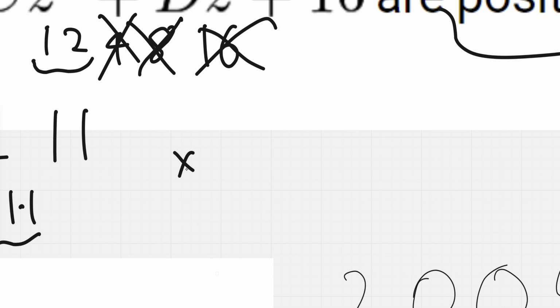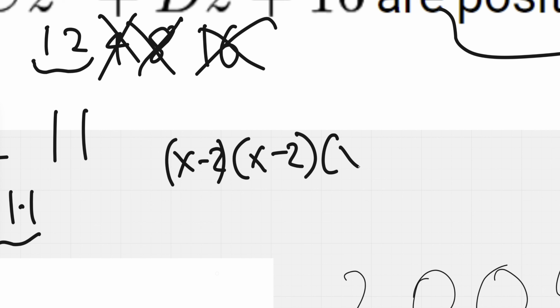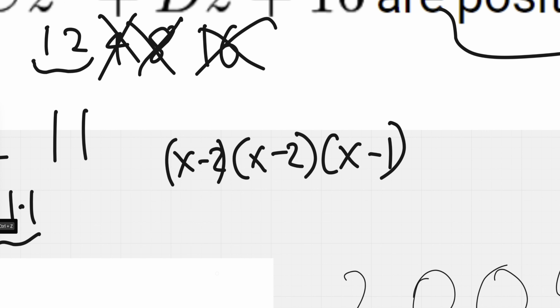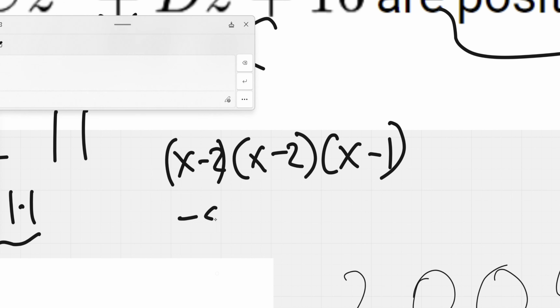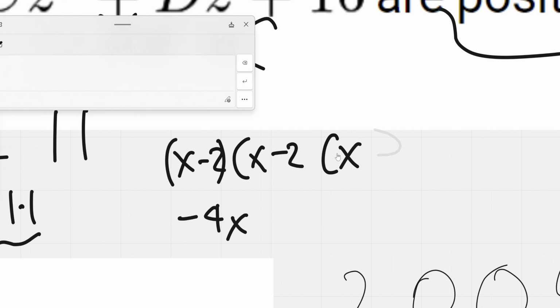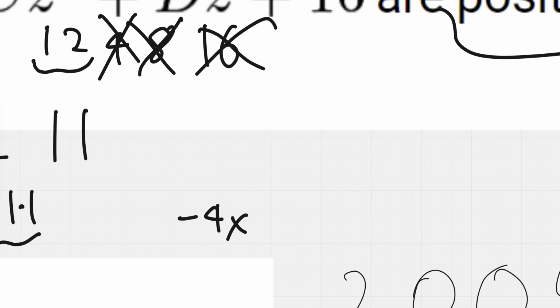So let's say you had x minus 2 times x minus 2 times x minus 1. It's the same as if you get minus 4x like that, or if you get it like that, if that makes any sense. The order basically doesn't matter. You're just choosing the numbers to multiply.